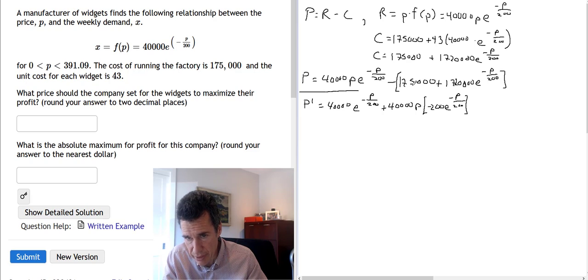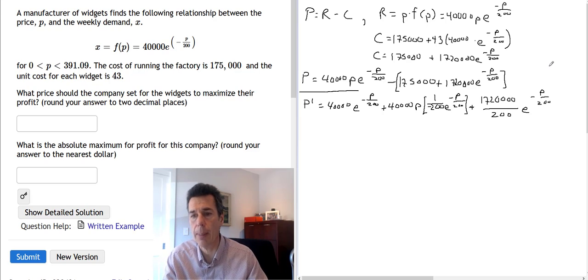Sorry, that should be 1 over 200, a minor mistake. Minus the derivative of 175,000, which is 0, and then we get a minus from the derivative of the last term. A minus and another minus gives a plus, so plus 1,720,000 divided by 200 e to the negative p over 200.